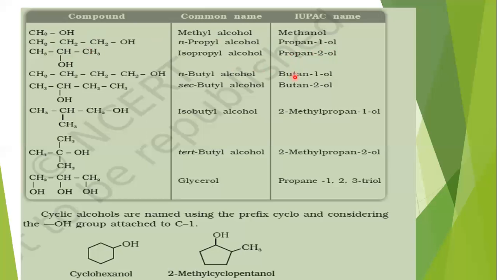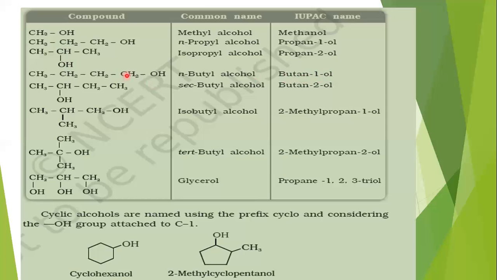Here, see from this name, butan-1-ol. What does this indicate? OL means it has a hydroxyl group. 1 means the hydroxyl group is present at the first carbon, and butane means this alcohol has a total of 4 carbons.